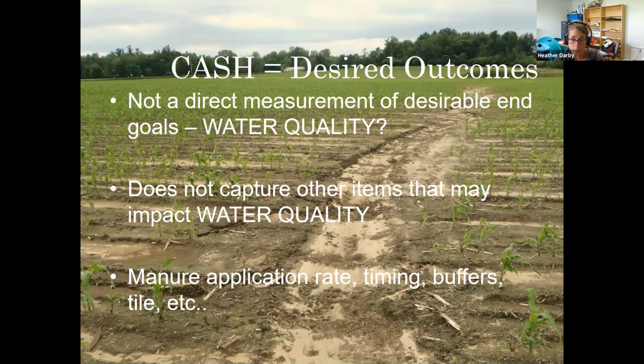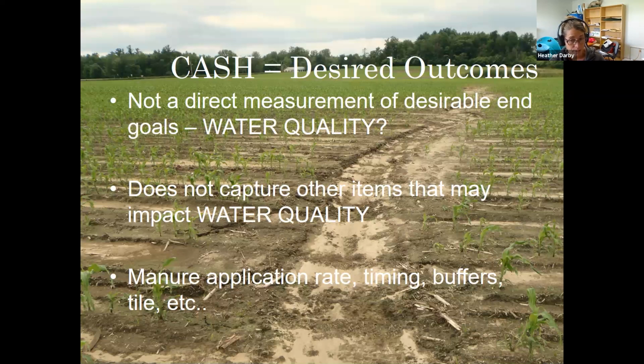I put a question mark because it could be other things in the PES conversation. But high soil health does not always mean good water quality coming off from a farm, or any landscape. It definitely should help, but we're not measuring that. We're measuring soil health indicators. We're not measuring water quality indicators necessarily, okay?